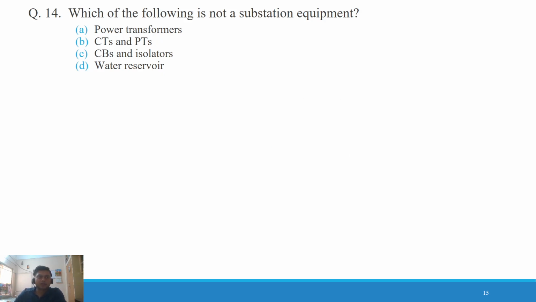The 14th problem is: which of the following is not a substation equipment? Power transformers, yes, it is a part of substation equipment. Current transformers and potential transformers are also part of substation equipment.